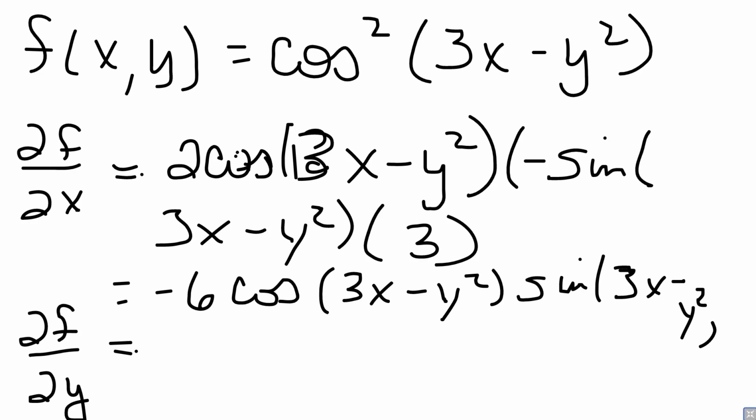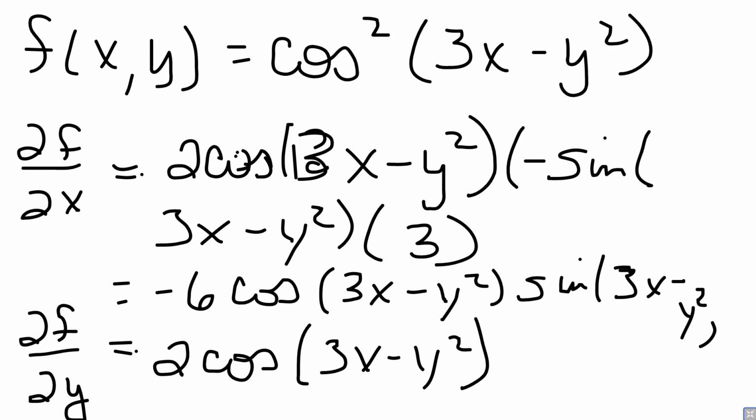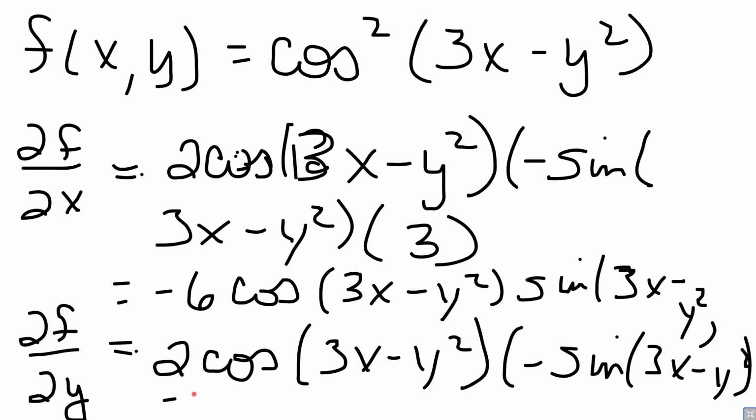Okay, so let's take a look at the next one. If I take the partial with respect to y, I should get, starting off, 2 cosine of 3x minus y squared, times, still, the negative sine of 3x minus y squared. Then we take the derivative of the angle, so that should be negative 2y.